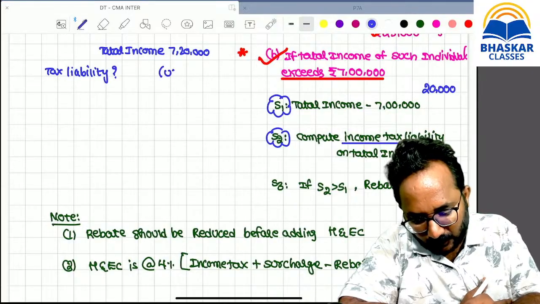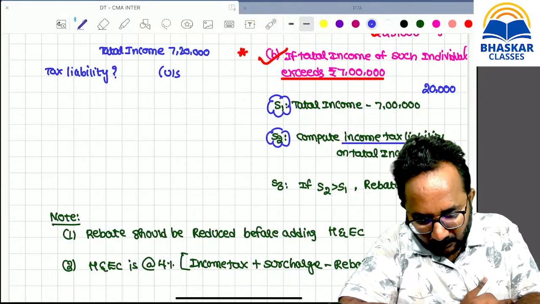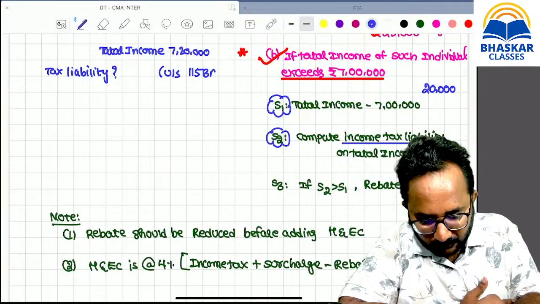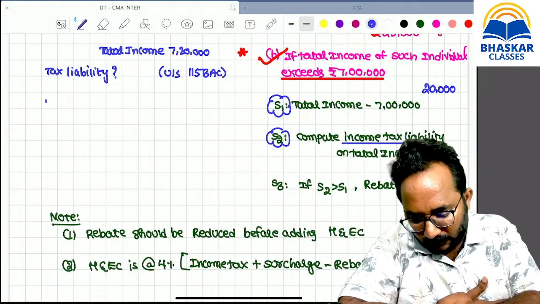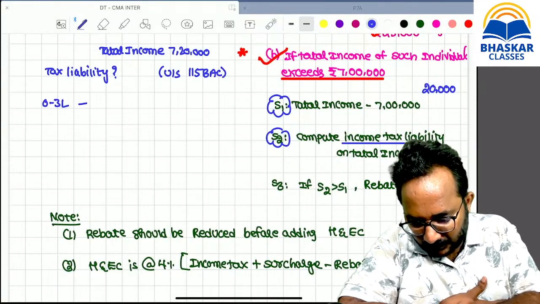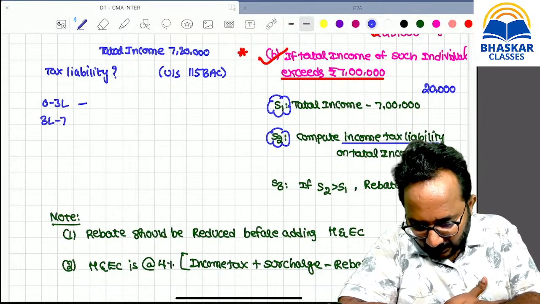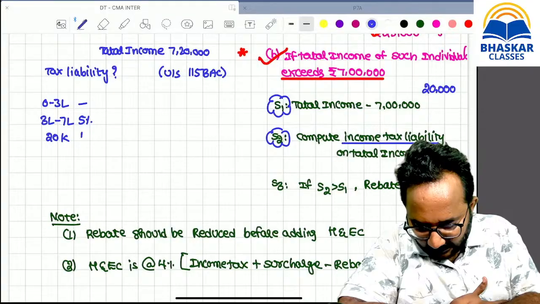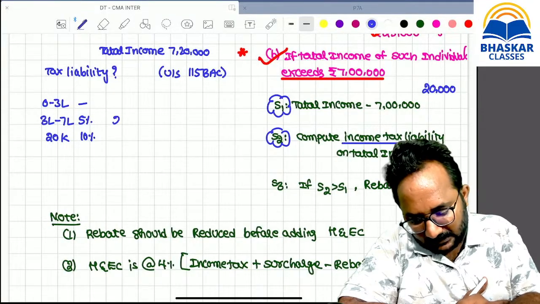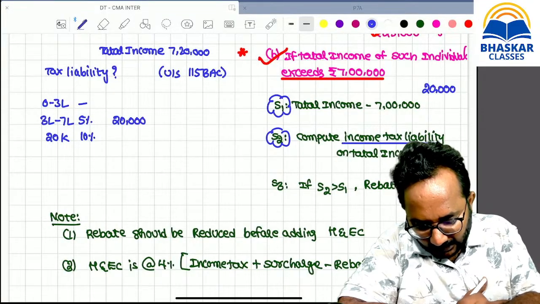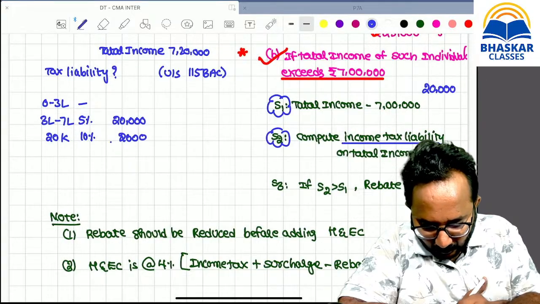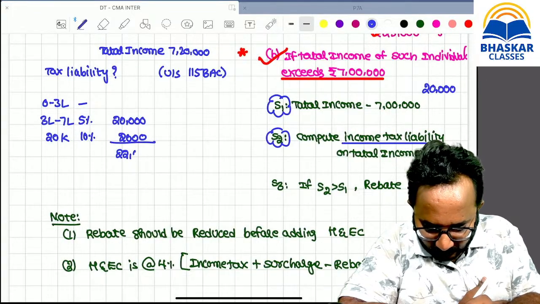Here the assessee is following which regime? The 115BAC regime. So 0 to 3 lakh nil, 3 lakh to 7 lakh 5%. The next 20,000 is taxed at 10%, which is 2,000. So totally 22,000.